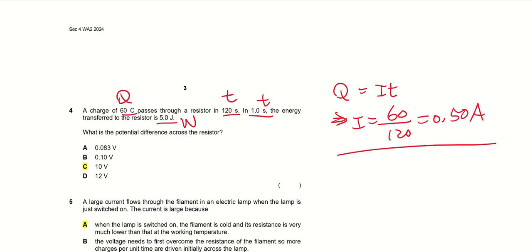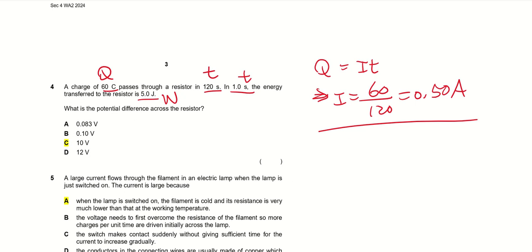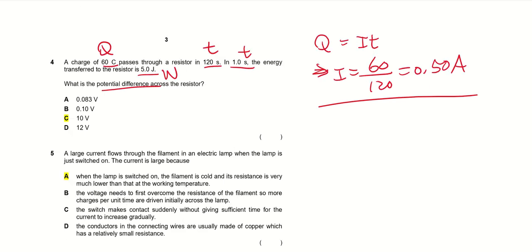That means I will have 0.50 ampere passing through the resistor. Then they tell me that in 1 second, 5 joules of energy is being transferred to the resistor. They want us to calculate the potential difference across the resistor. Now, potential difference is V.